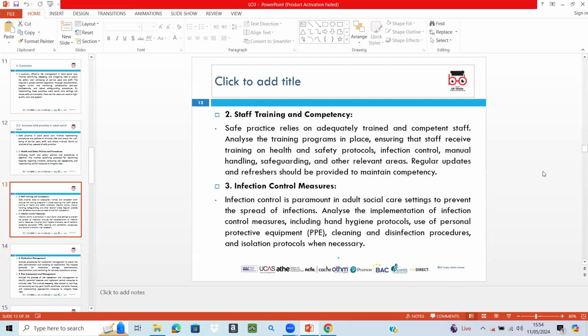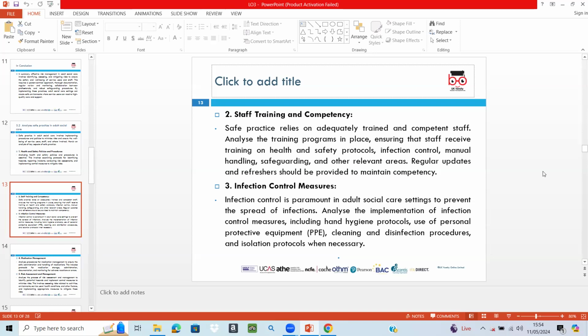Then cleaning and disinfection procedures are important, and when isolation protocols are needed, and one can evaluate the effectiveness of these measures in maintaining a hygienic and safe environment for service users and staff. Regular assessment and adjustment of these practices are necessary to uphold high standards of infection prevention and control.